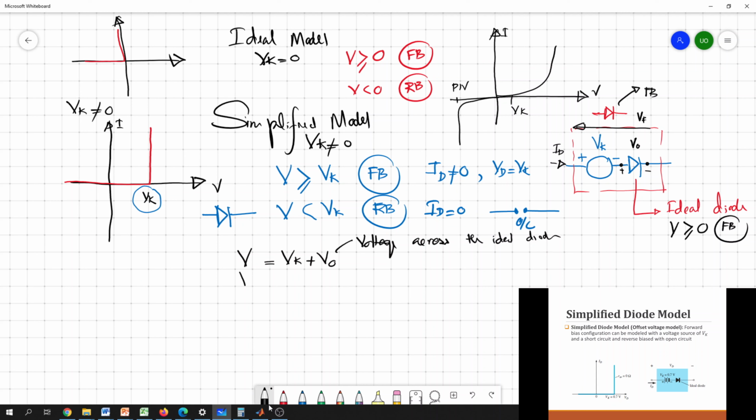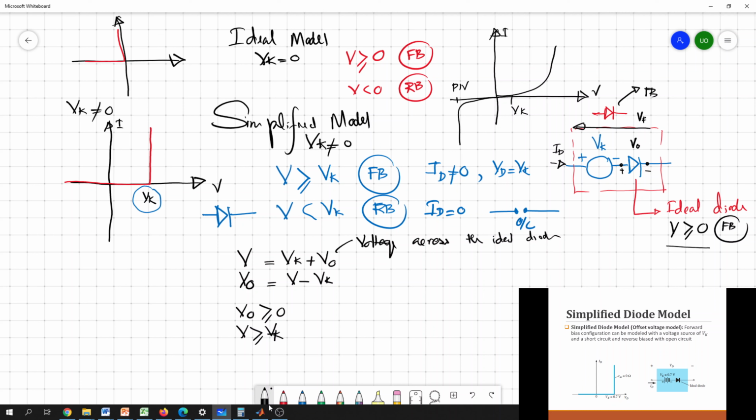From this we can identify that the voltage across the ideal diode should be equal to V minus Vk. To make this ideal diode forward biased, we should maintain this condition. Once we apply this, we can simplify that V should be greater than or equal to Vk.